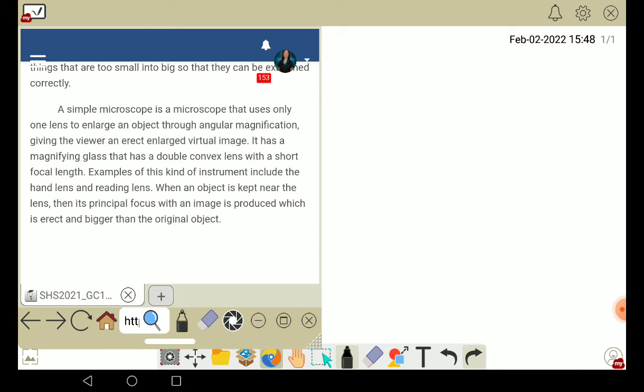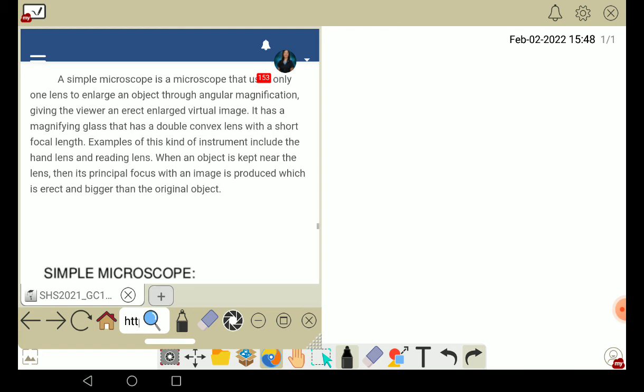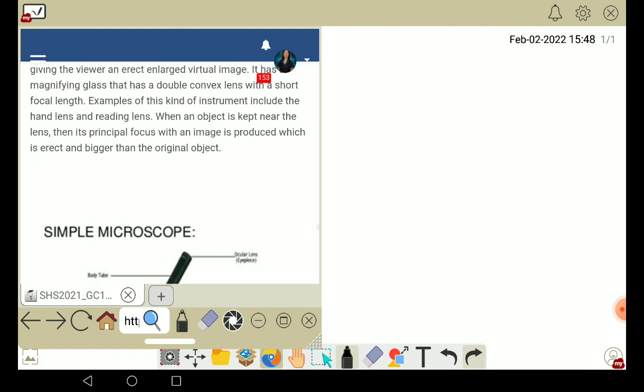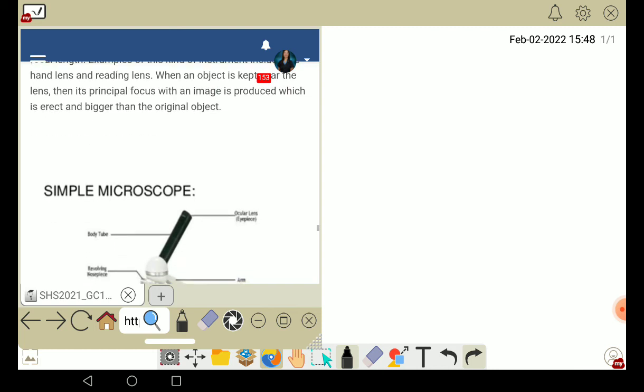It has a magnifying glass, a double convex lens with a short focal length. Examples include the hand lens and reading lens. When an object is kept near the lens, within its principal focus, an image is produced which is erect and bigger than the original object.